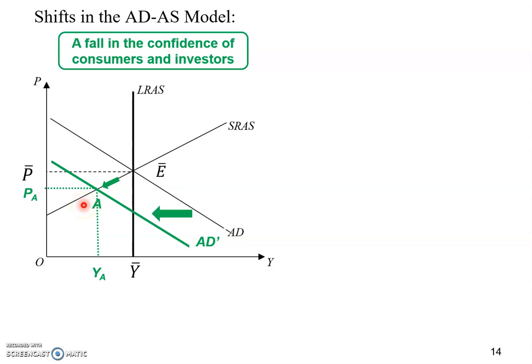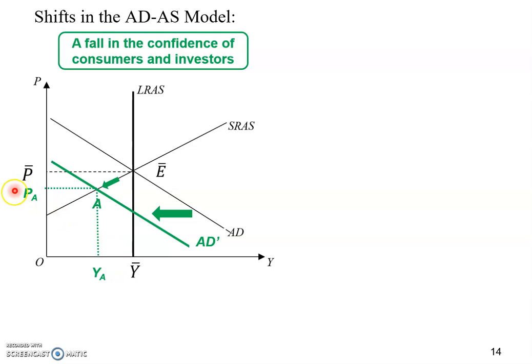The short run aggregate supply curve doesn't change. Now at point A, the output level is YA, which is lower than Y bar. That means this economy is experiencing a contraction. It produces less than its potential.